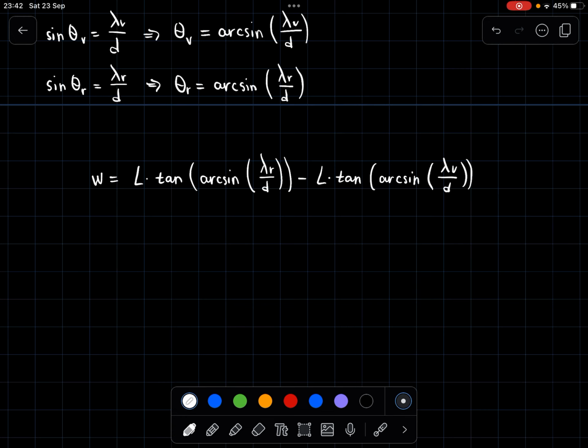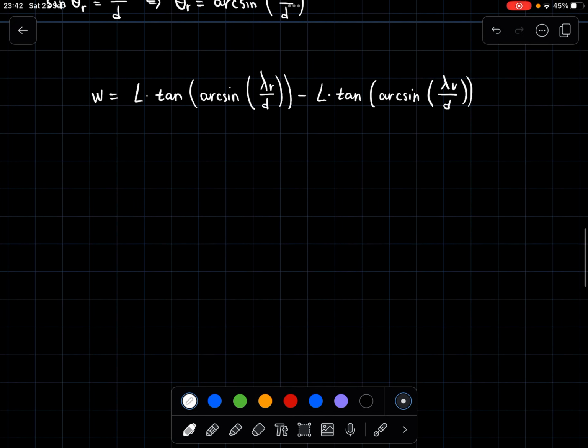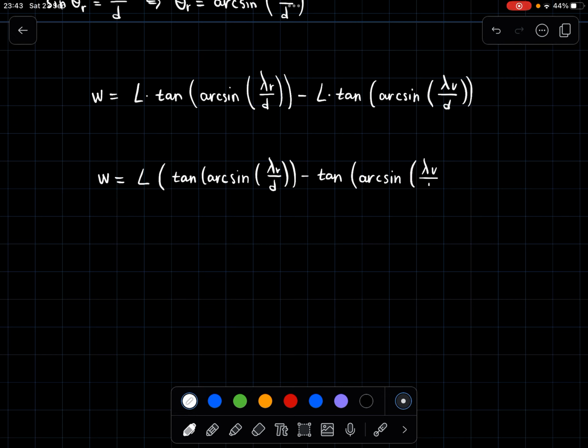So this will be my main formula, or I can rewrite this equation as L multiplied by tangent of arc sine lambda red divided by d, minus tangent of arc sine of lambda violet divided by d.